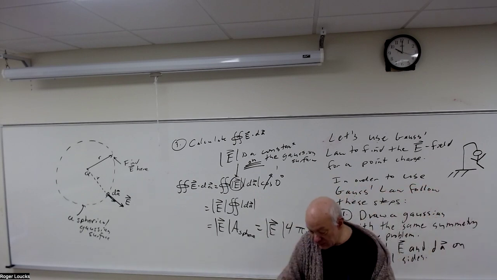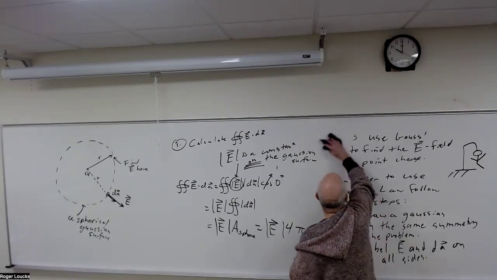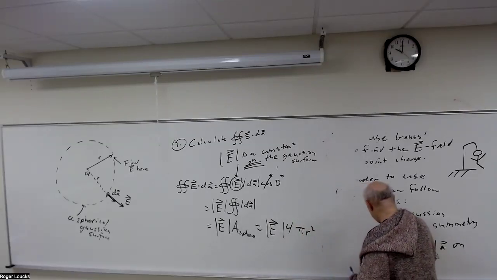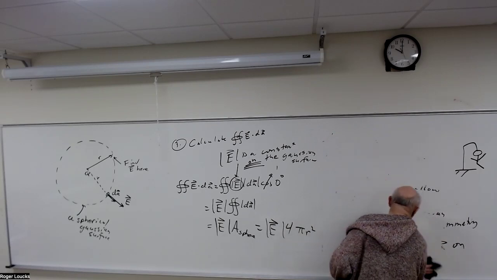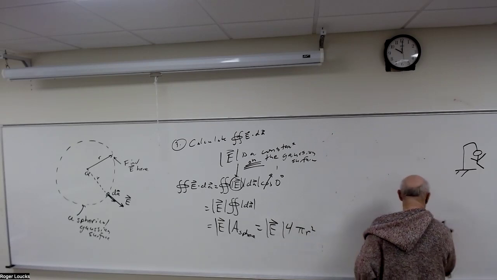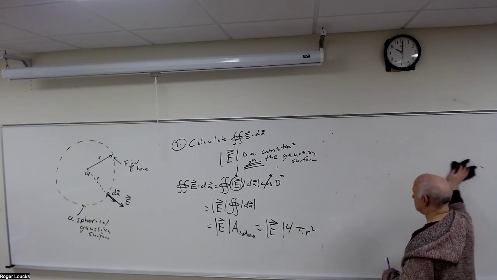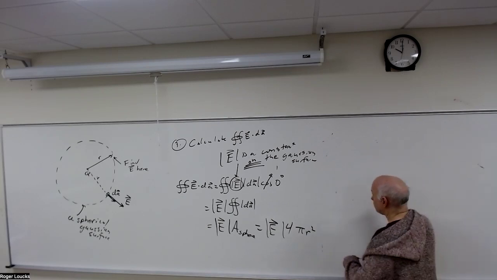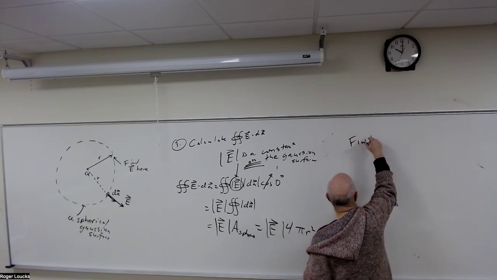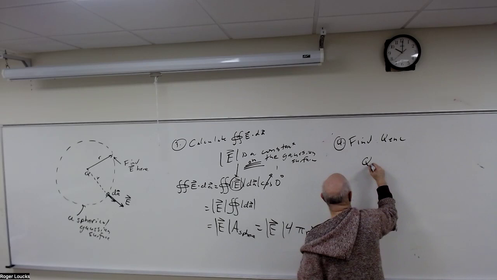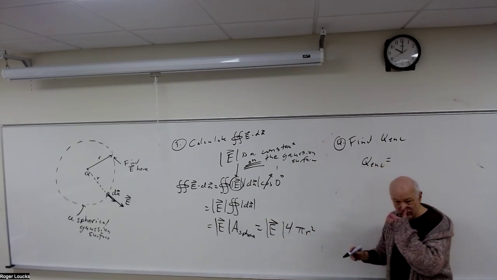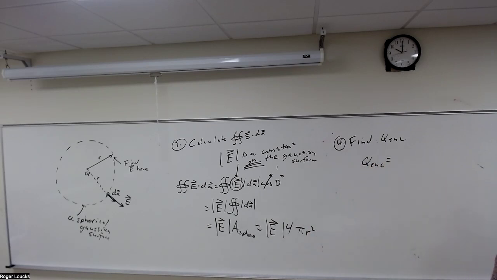Okay, next step is to calculate your Q enclosed. In this case, what is the charge enclosed in the Gaussian surface? It's as simple as you think it's going to be.